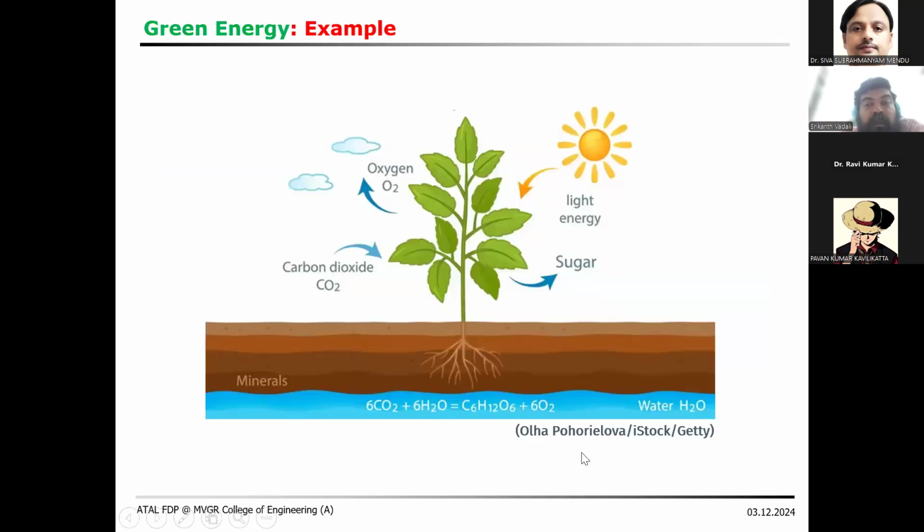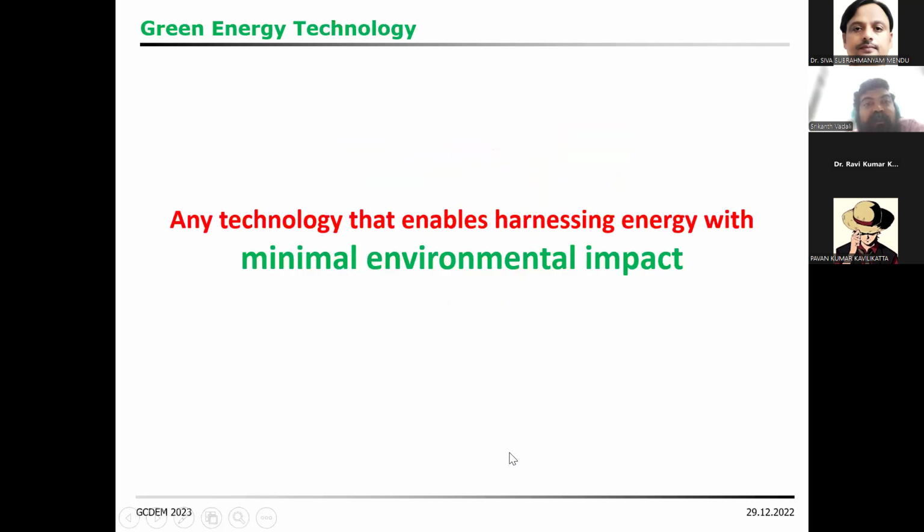Now, as I said, this is the only example of a green energy technology in the world. But humans don't ideally work. We are always lenient. We want to always work below the ideal situation, and therefore the humans working in this field have slightly modified the definition.